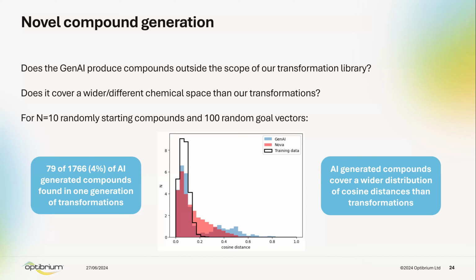And in blue, the compounds that are coming out of the generative AI. You can see that these distributions are different, and the generative AI is covering a wider space. So we're seeing different, complementary compounds that we otherwise wouldn't see. And the overlap between these two is actually very small. Only 4% of the compounds generated by the AI are found in the transformation library generated compounds. So that's a big tick there.